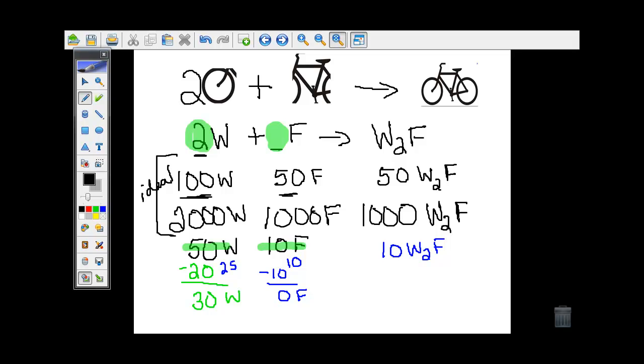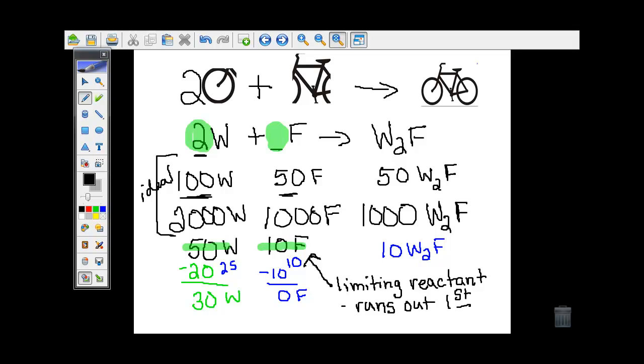Now that allows us to introduce 2 new terms. New term number 1, the reactant that runs out first is called the limiting reactant. The reactant that gets used up or runs out first is called the limiting reactant. I'm going to write runs out first.